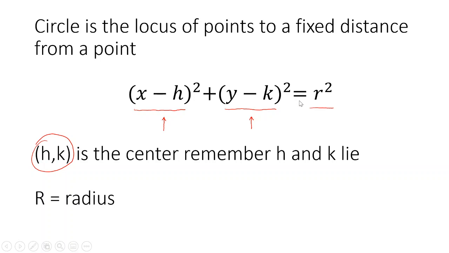I always say that if there's a negative in your graphing equation, it's lying to you. H and K always have to be opposites. Earlier in the year, I explained why that happens, so just remember that rule. And r stands for the radius.